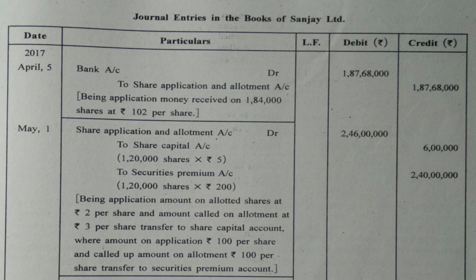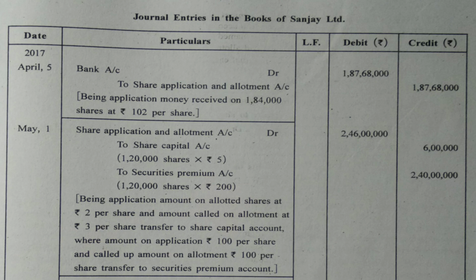Because this is the combined journal entry. Here 2 rupees of application is transferred to share capital and 3 rupees of allotment becomes due. So instead of writing 2 rupees, we have written 5 rupees. For securities premium, it is 200 here: 100 rupees that you have received and another 100 rupees that becomes due on 1,20,000 shares.